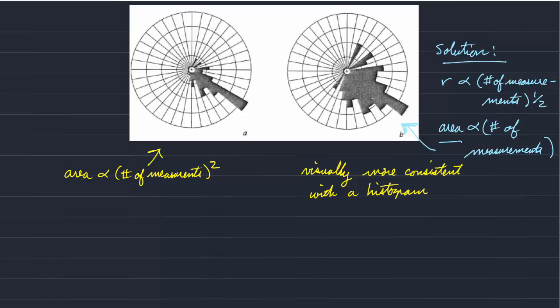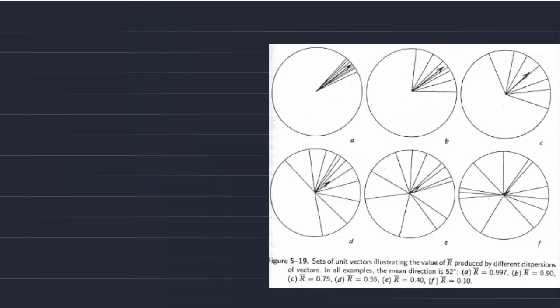So now let's start looking at some ways of analyzing these data. Let's imagine we have a sample of n measured directions.